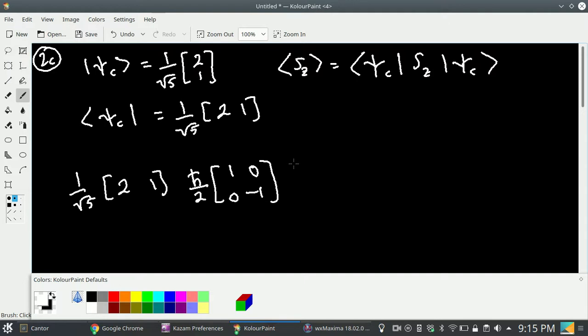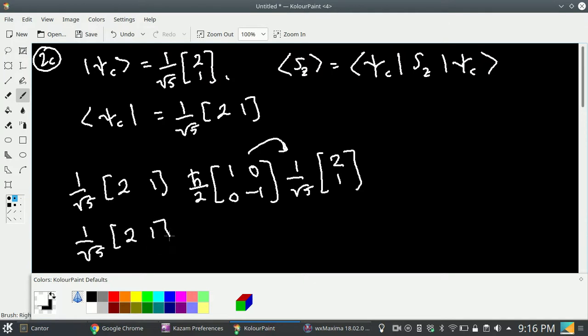And now this operator operates on the thing to its right, which in this case is this ket. Okay. So let me get rid of the constants. I'm just going to copy this down. I'm leaving the bra completely alone. Why? Because the operator operates to the right.